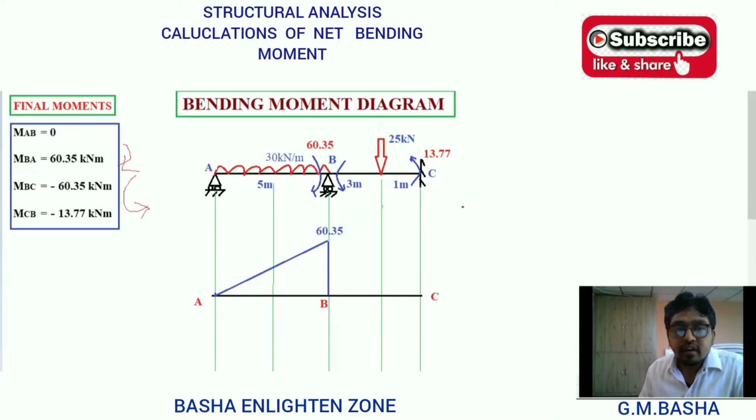Similarly, whenever an anti-clockwise moment of 60.35 is applied on the span BC like this, it will move in the forward direction up to here, and at the same time an anti-clockwise moment of 13.77 is applied on the span like this, so it will move in the downward direction. Therefore, the original position of the beam after applying the moments will be like this. If you add these two, you will get this one, that will be 13.77.